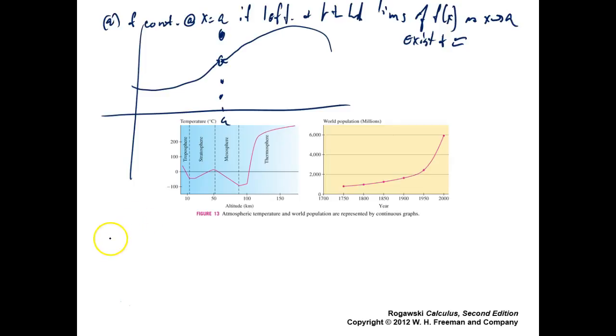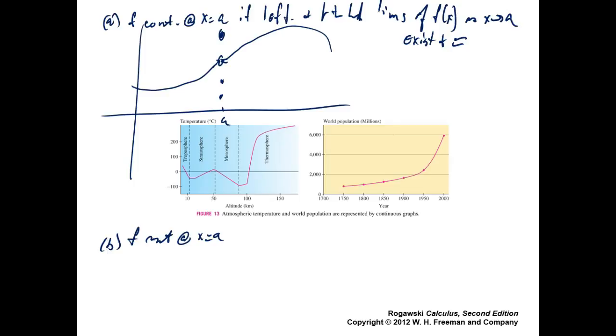Now, B. I don't like these too much. F is continuous at x equal a if left and right. F is continuous at a if the left and right hand limits of f of x as x approaches a exist and equal f of a.